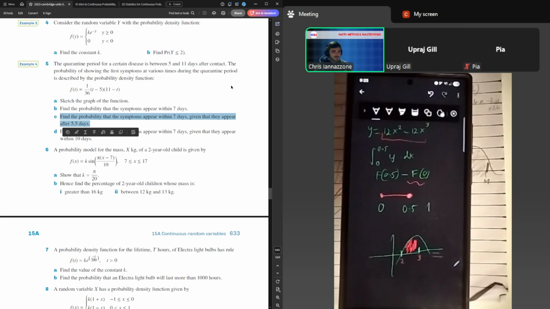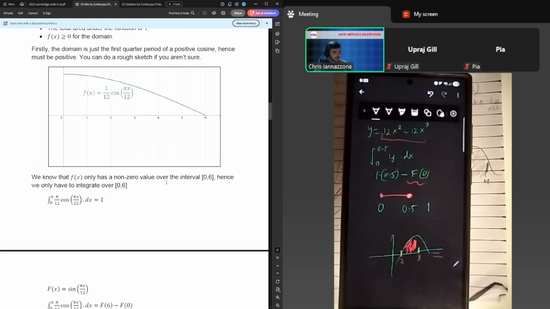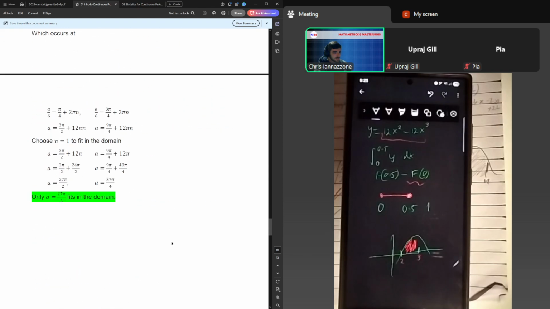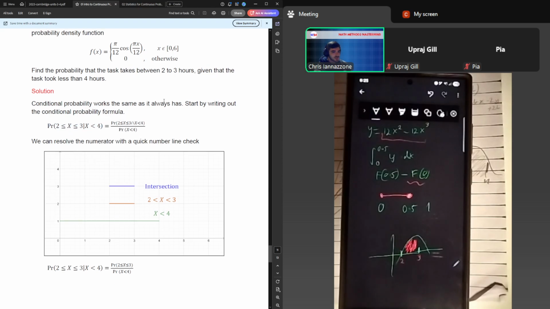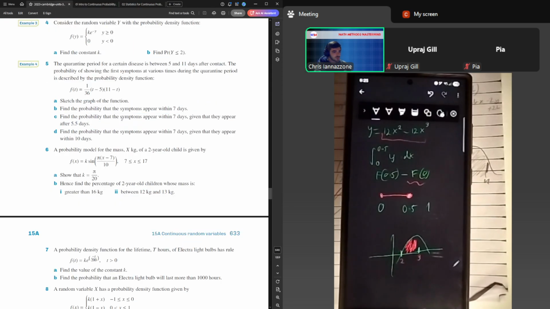Yeah, conditional probability is what it is. This, where you do your little straight line for conditional probability. The keyword given is pretty much a dead giveaway that it's conditional probability. So this means within 7 days, so you want to do your 5 to 7 there, given after 5.5.